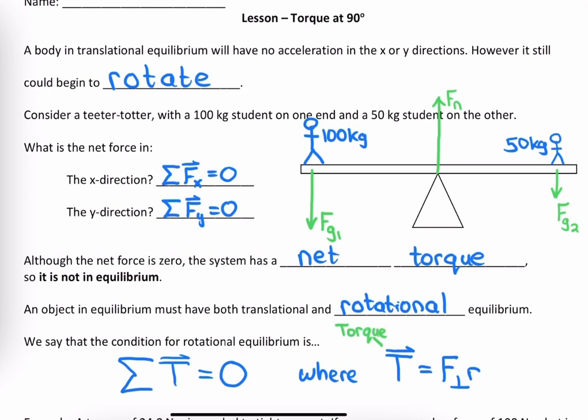To get a torque, I need a force, and to result in a torque, that force needs to be a certain distance from some pivot point.